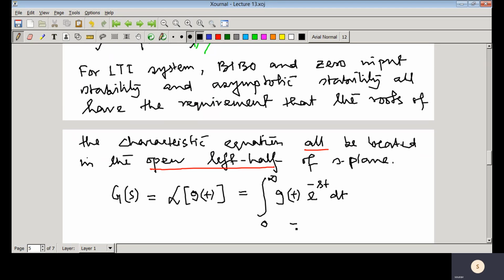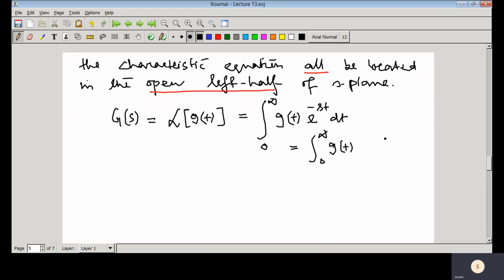So then that is the integral from 0 to infinity of g(t) e to the power minus s t dt, where s equals sigma plus j omega. So we can write e to the power minus sigma t into e to the power minus j omega t dt.